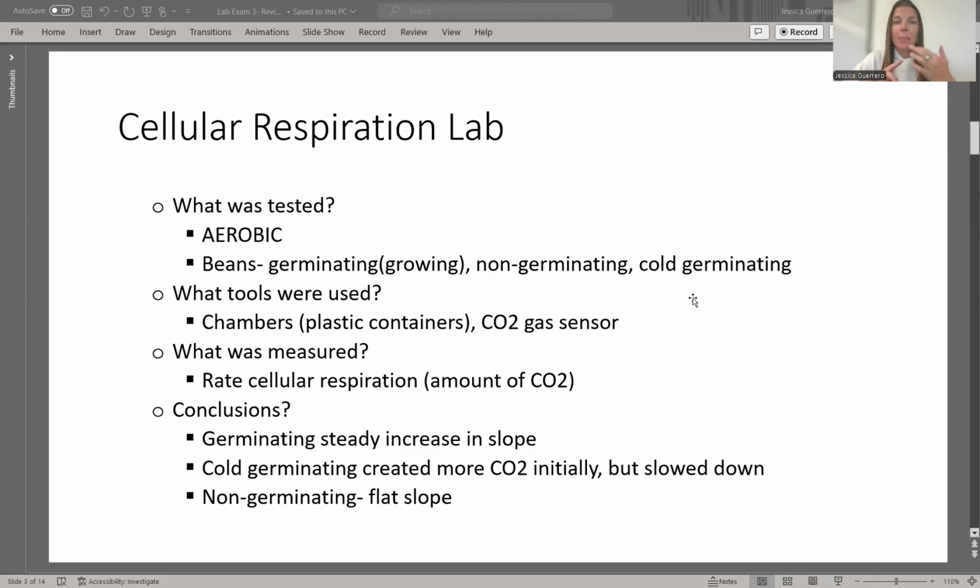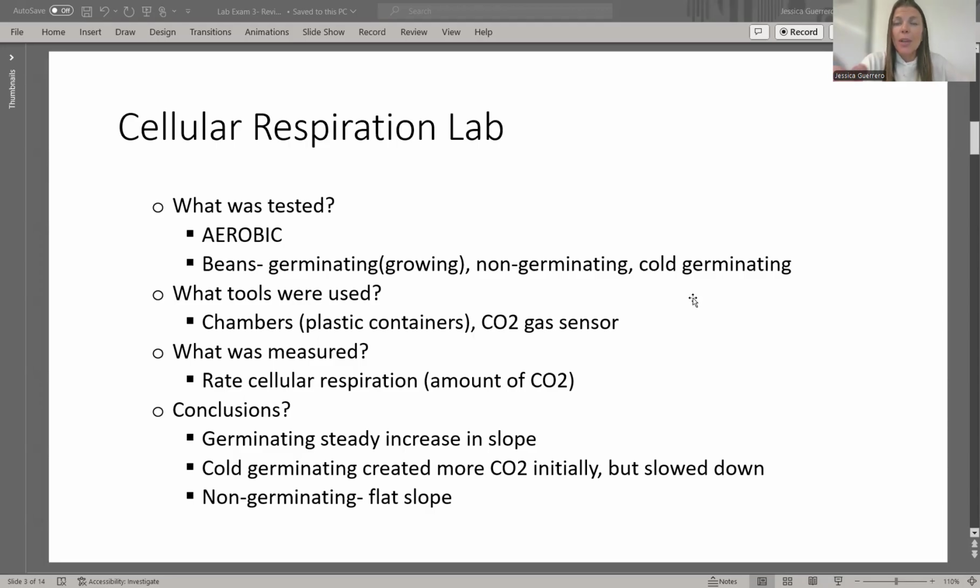And then we tested beans that had been growing, but we made them really cold. So our goal was to measure the amount of CO2 that they released. So if a cell is going through, or if an organism is going through cellular respiration, it's creating ATP. One of the byproducts is the gas carbon dioxide.